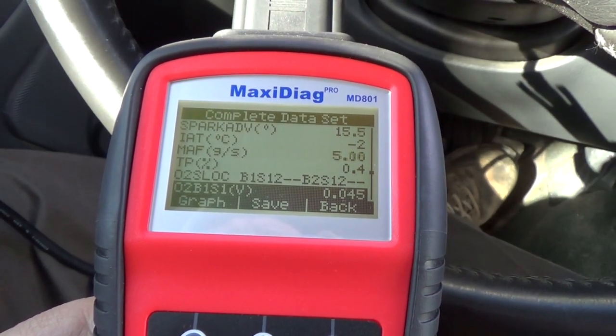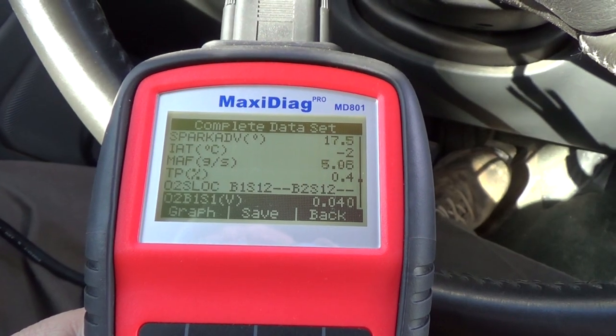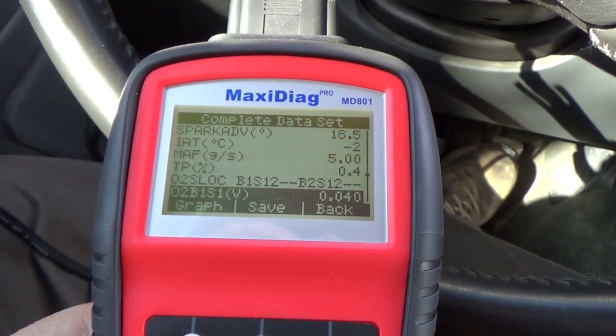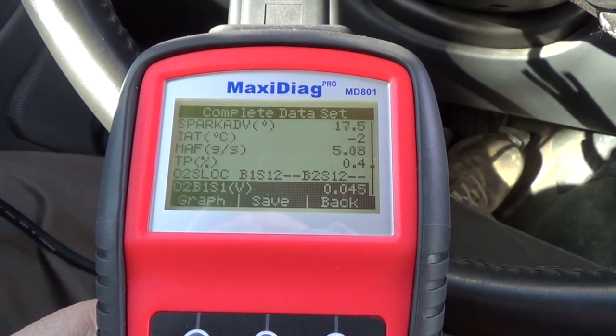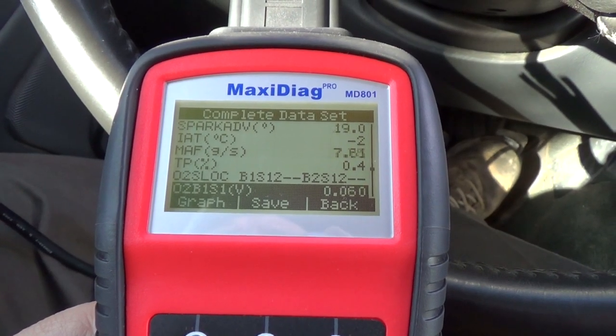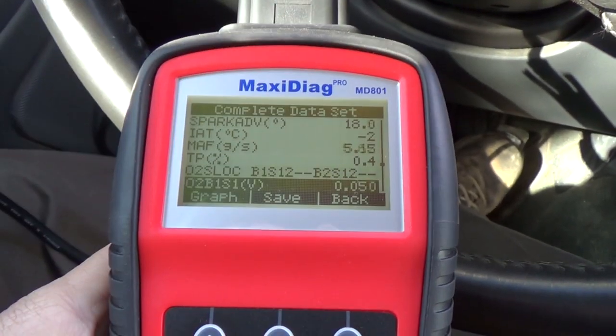Spark Advance degrees 15, 16, 17. So I don't know if that's good. 19, 20. Shows the mass airflow sensor there.